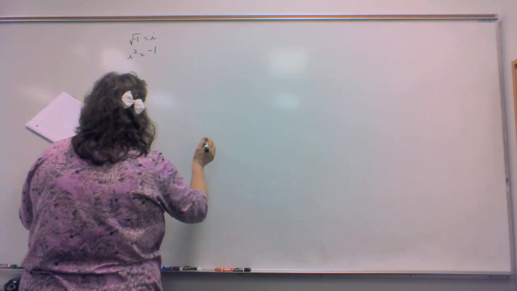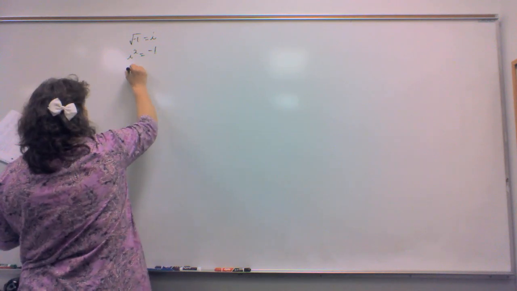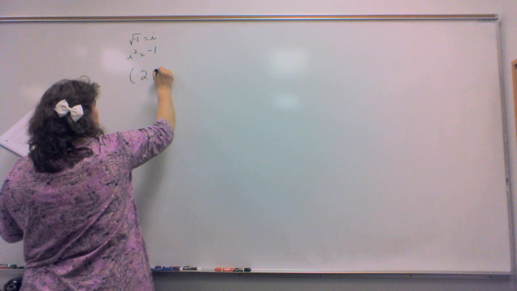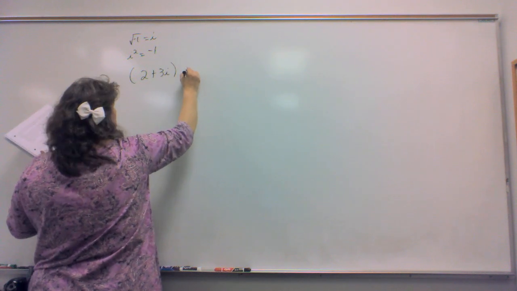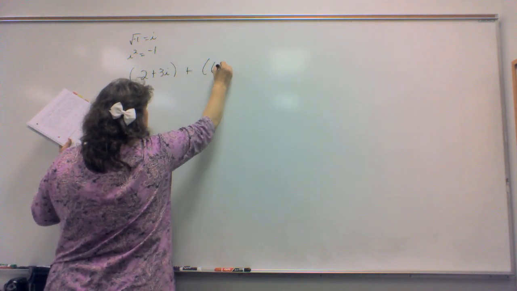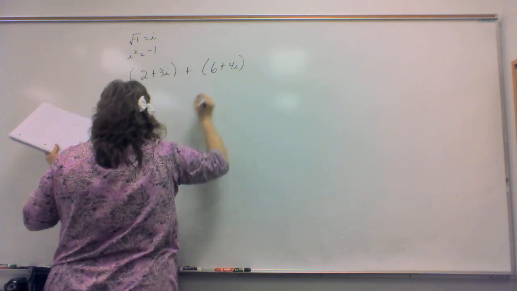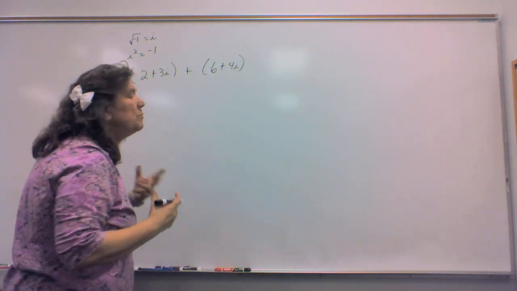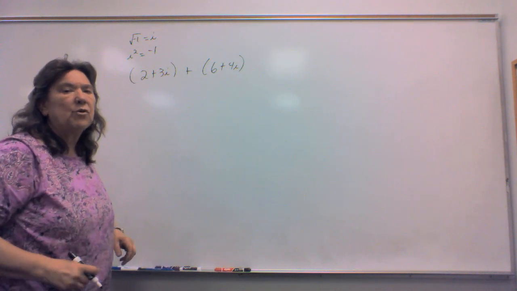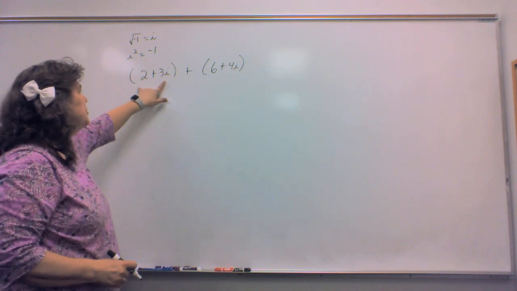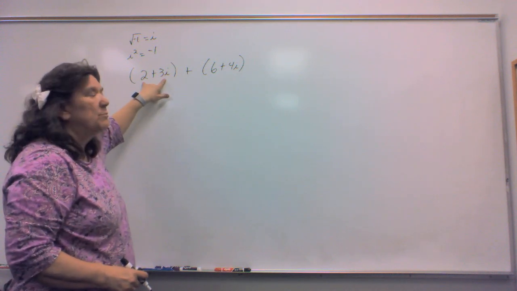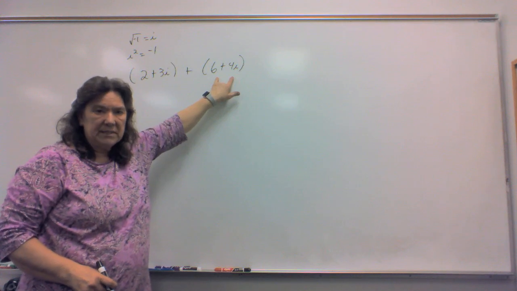So let's look at examples for combining like terms. (2 plus 3i) plus (6 plus 4i). Now, those parentheses are not grouping symbols like we would use for order of operations. They're just showing you this is one complex number added to another complex number.